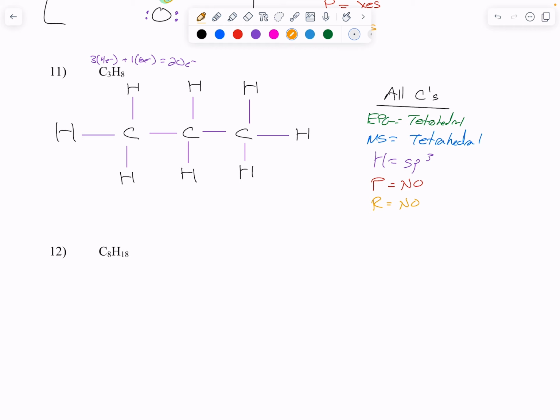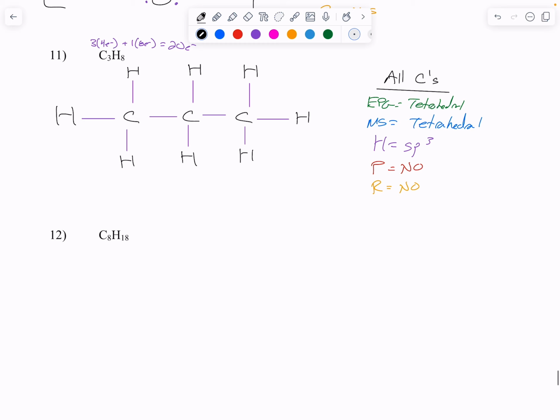All right, octane. It's the same thing, except it's got 8 carbons. So it's H, 1, 2, 3, 4, 5, 6, 7, 8. And then there's an H on every C up top and bottom.